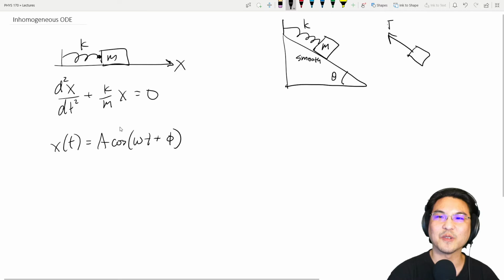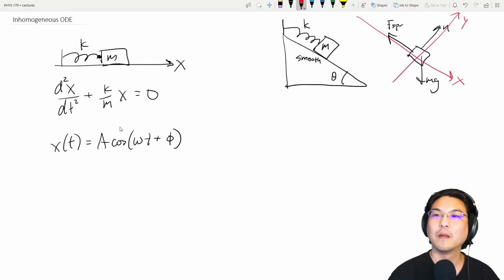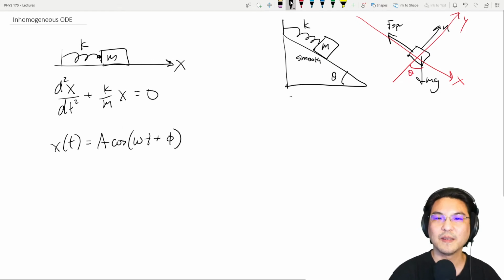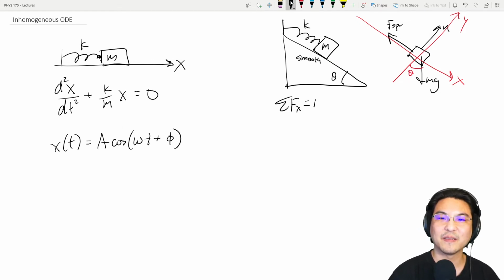There's spring force over here, normal force, weight. Let me pick coordinates. Let's see, the angle would be right over here. Okay, so in the x direction, we got mg sine theta minus spring force equals mass times acceleration.